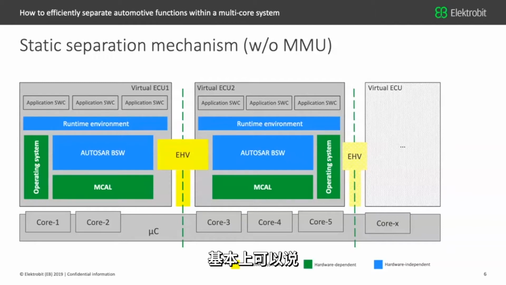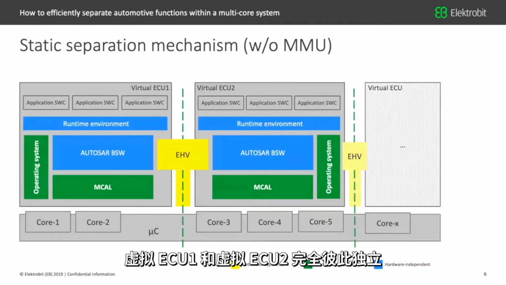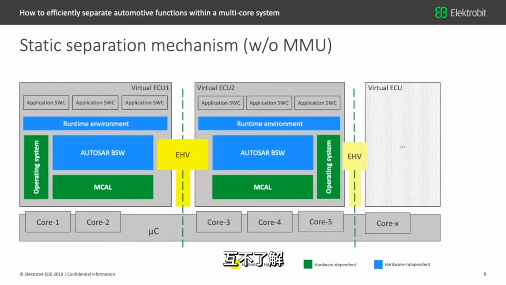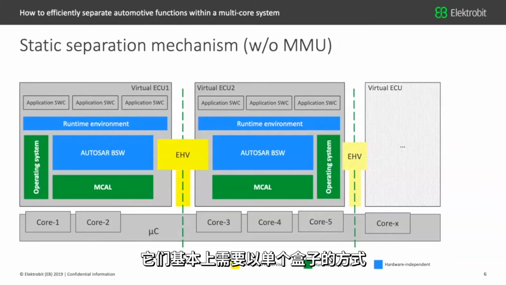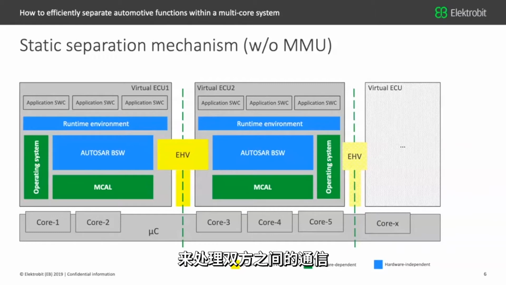And basically virtual ECU 1 and virtual ECU 2 are completely separate from each other and do not know anything about each other, so they need to handle the communication between both in a fashion as it would exist in its own box, so that we have two separate ECUs technically.